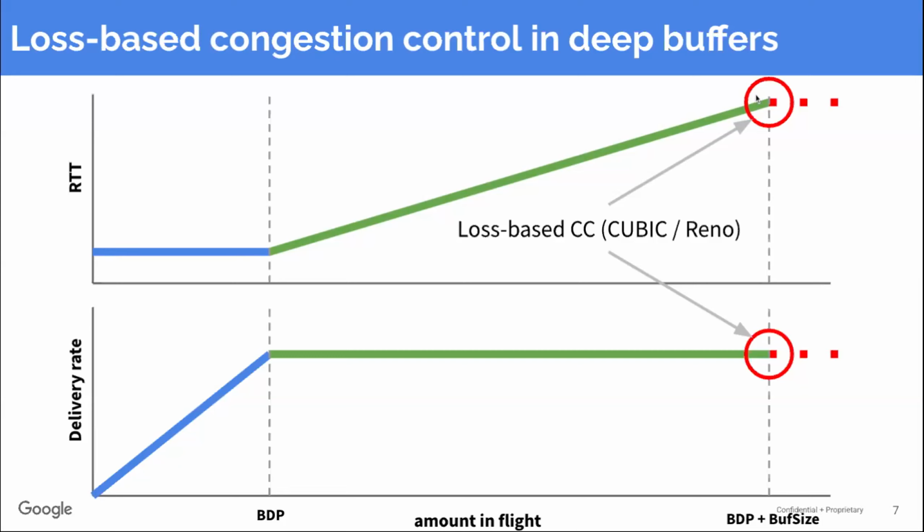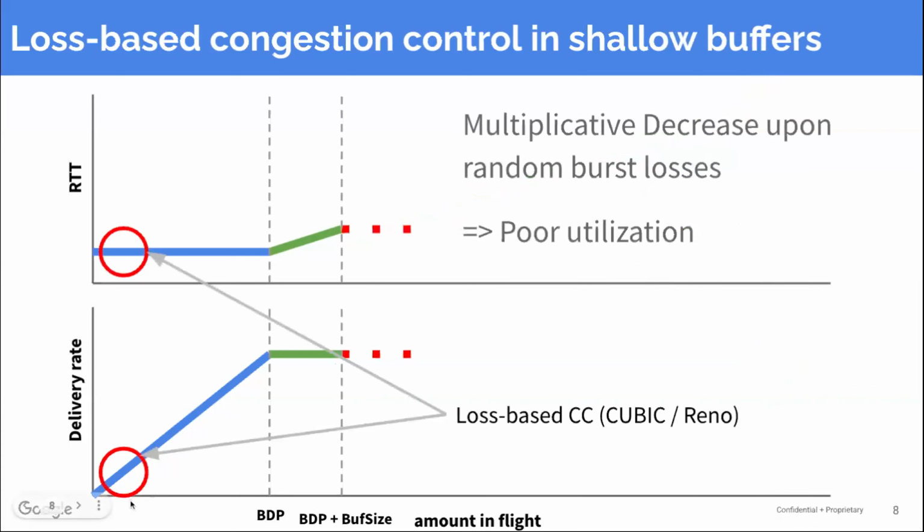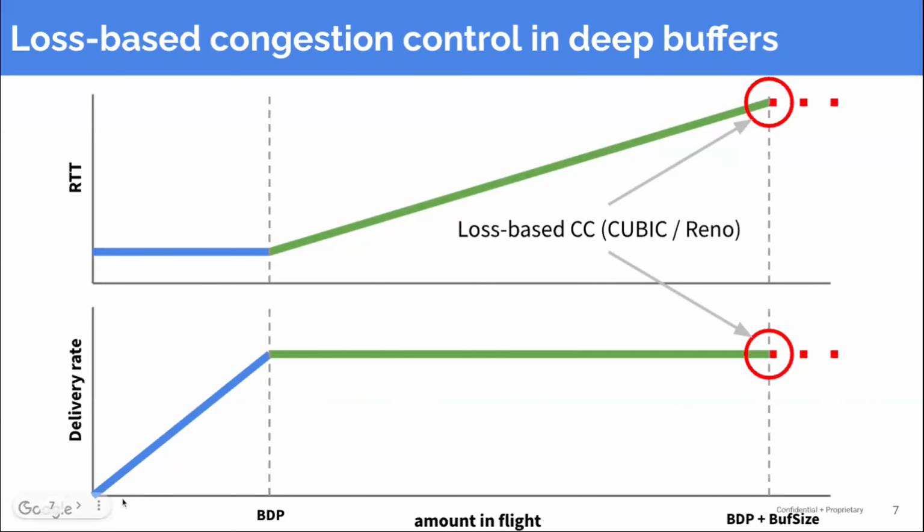And we can think about this diagram by imagining a single, say, TCP connection as it starts its life near the left edge of this diagram, with a default initial congestion window of, say, 10 packets, which tends to be pretty small for links these days. As it ramps up its sending rate, it's going to move to the right on the x-axis, putting more and more data in flight in the network.